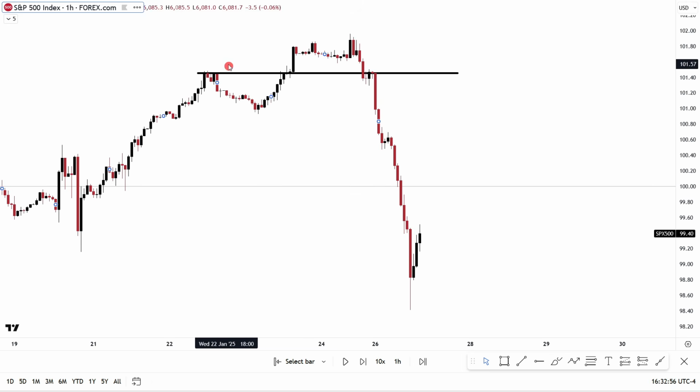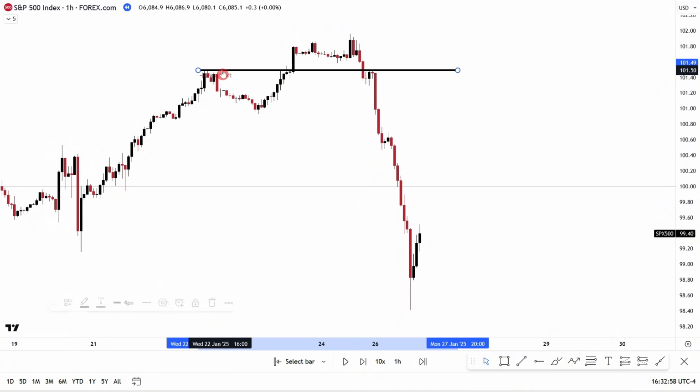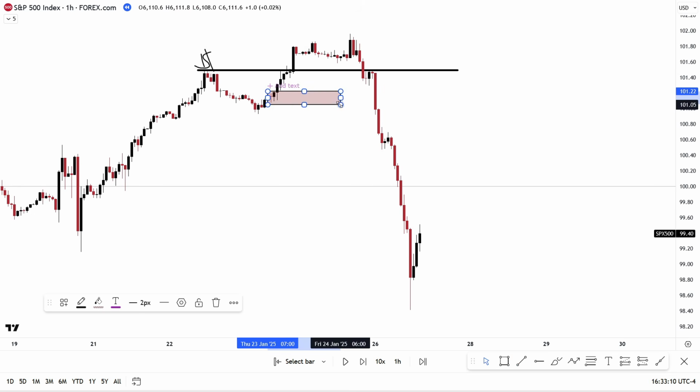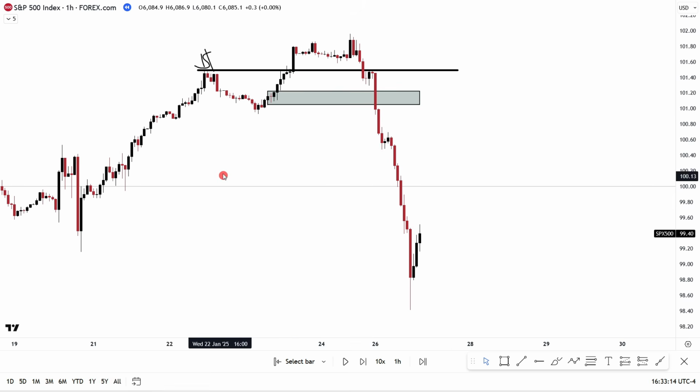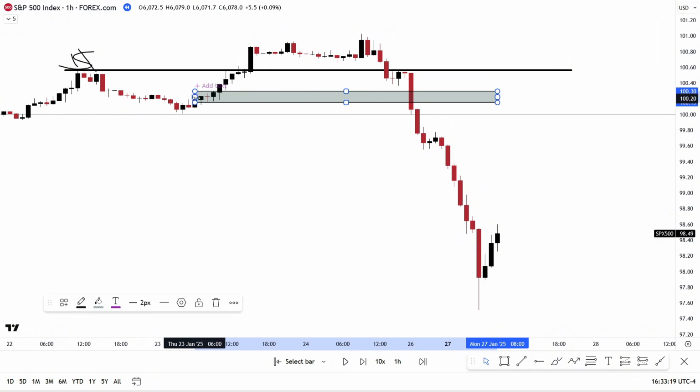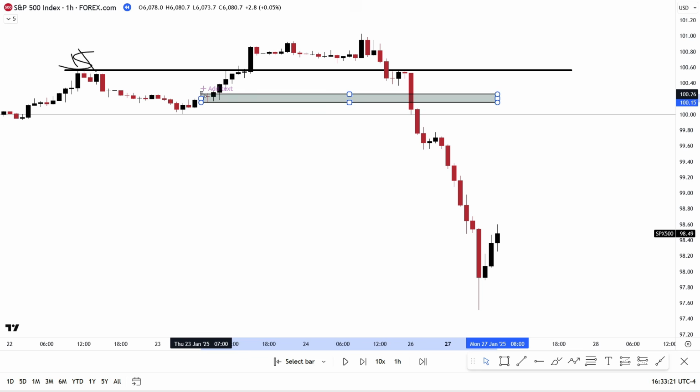What pushed price to absorb this liquidity? As you can see here, you might have to drop lower. But if we can't find anything on the lower time frame, we can look at this demand zone. We can say that this is where orders were injected to push price to grab liquidity. But now let's go lower.